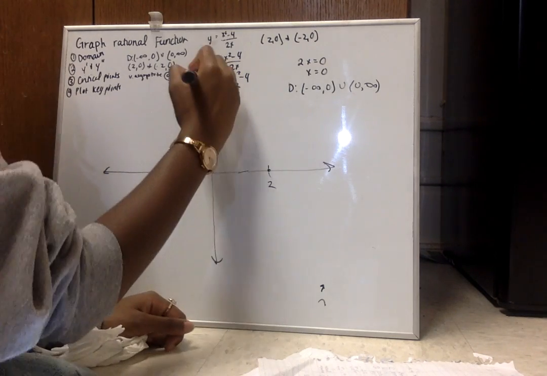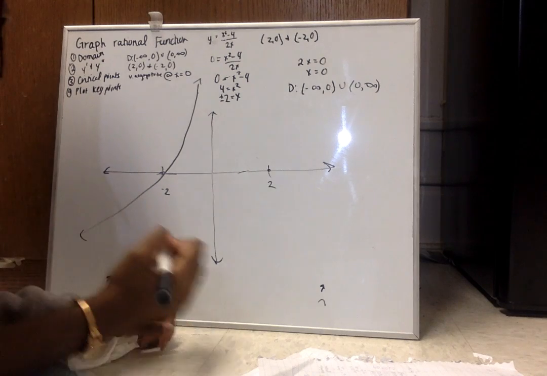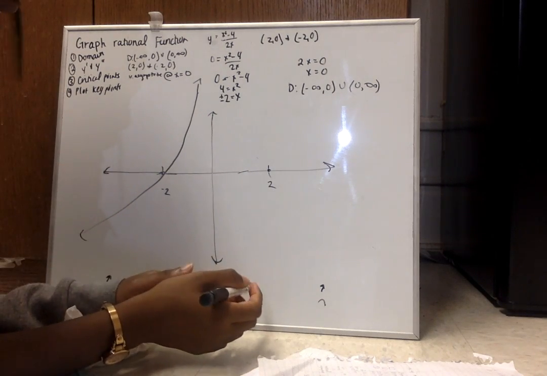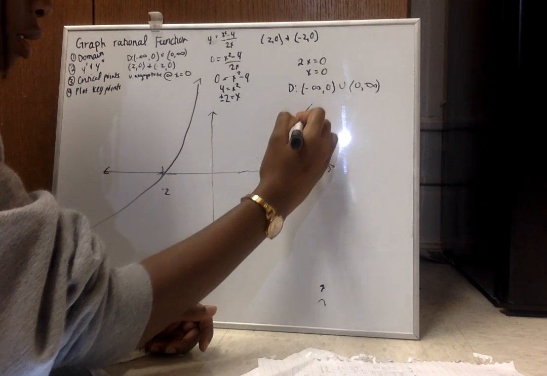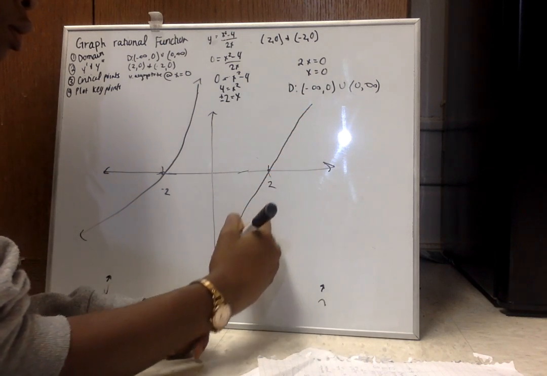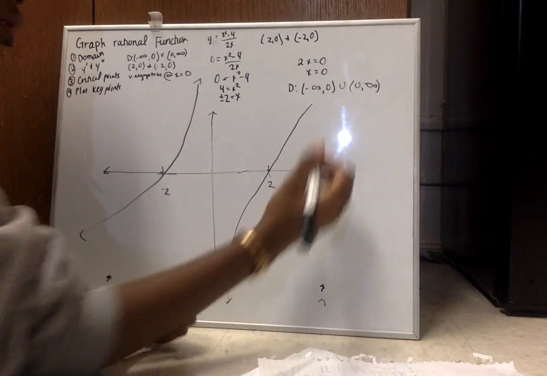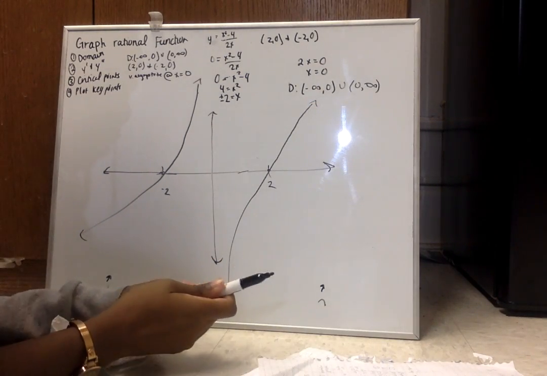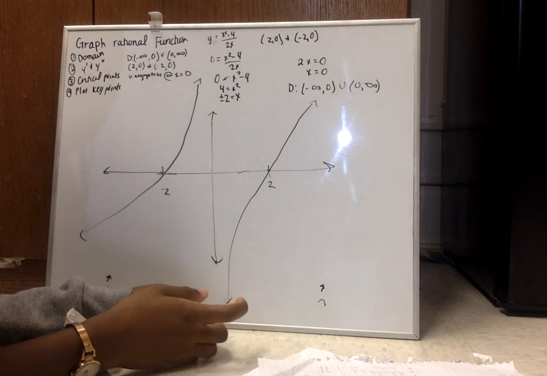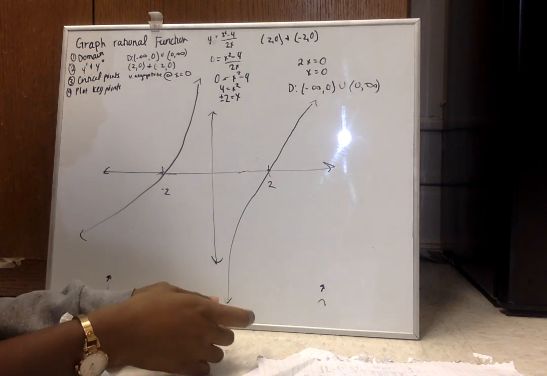Going to be this side of the graph. And then the other half of the graph is going to be concave down and increasing as well. And so that is our graph of y equals (x squared minus 4) over 2x.